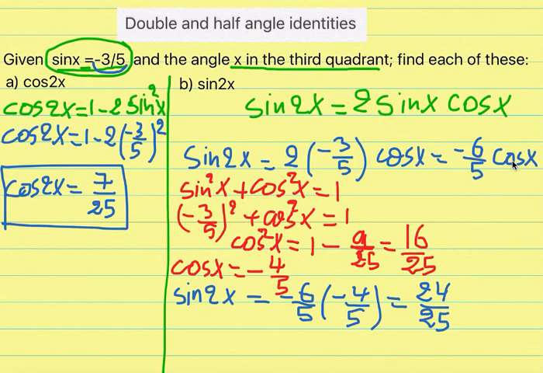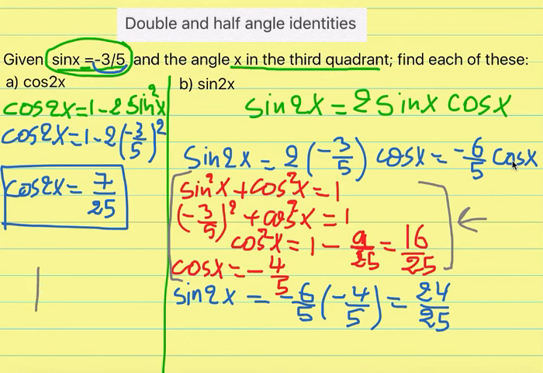This is sine 2x. Another thing I need to talk about, there is another way to find cosine x. Instead of this way, I'm going to show you another way.